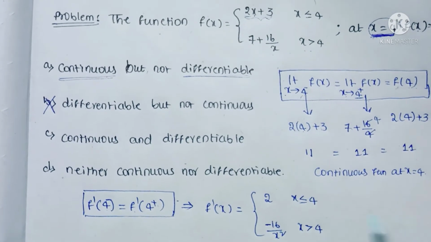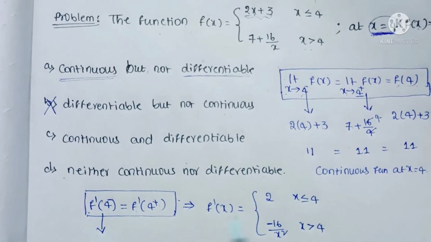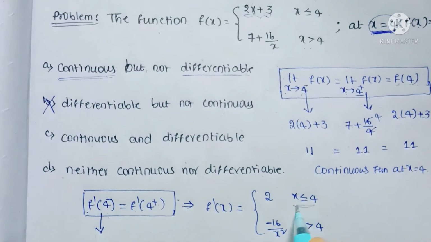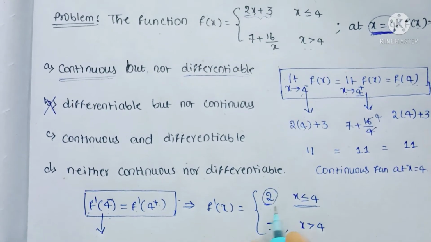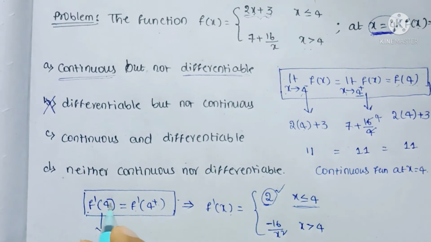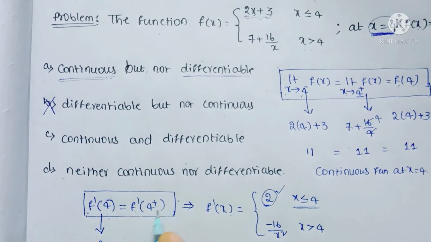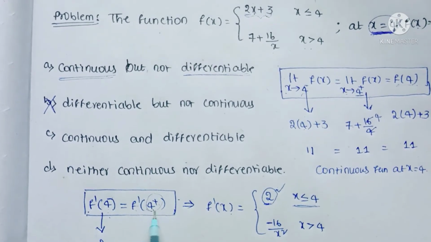And we have to find f dash of 4 minus, that means x less than 4. This condition is satisfied, so this is the answer. There is no x variable, so it is a constant: f dash of 4 minus is equal to 2. And f dash of 4 plus, where 4 plus means x greater than 4.